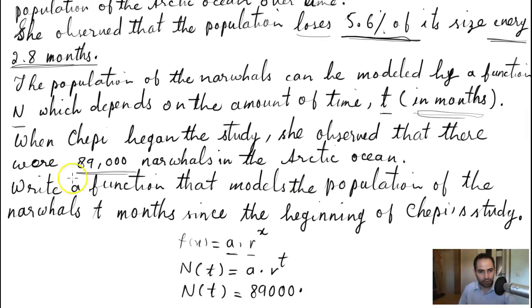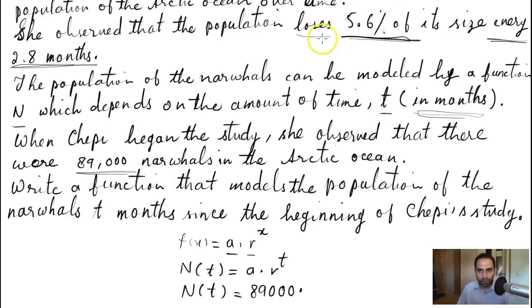I want to write a function that models the population of the narwhals t months since the beginning of Cheppy's study. That means the function is modeling the narwhals that are left after t months.